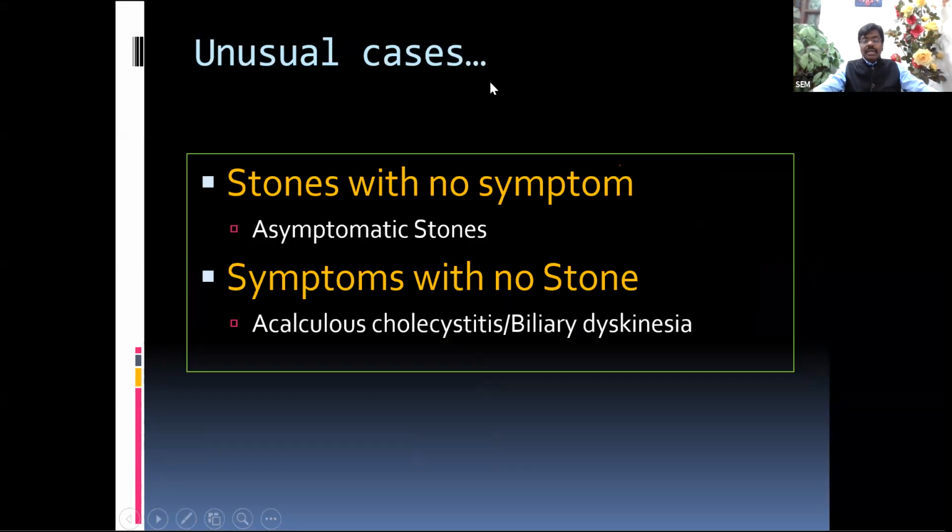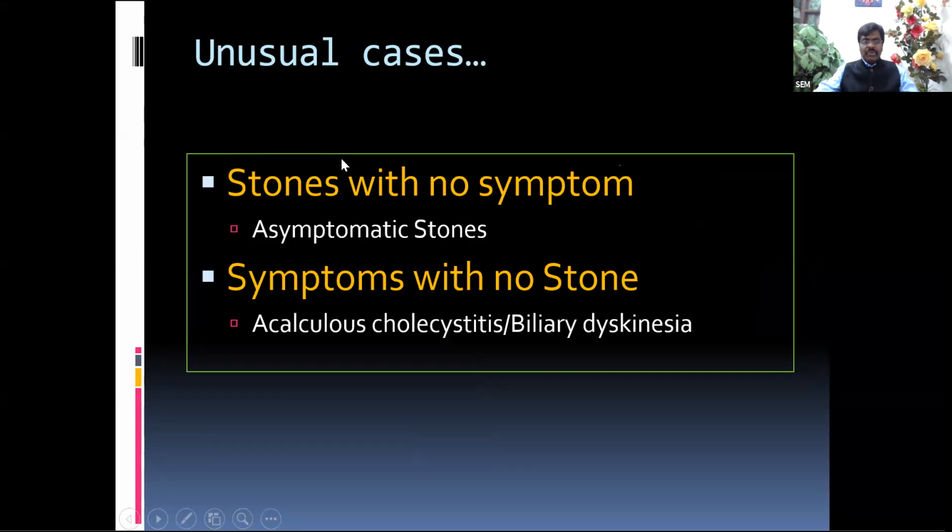But sometimes they can have a silent stone, that is, a stone without symptoms. For example, you are aged 40, you go for a master health checkup. You never had biliary colic, and the sonologist finds two stones in your gallbladder. Now you are worried whether you need to have your stone removed, because you are asymptomatic from the gallstone.